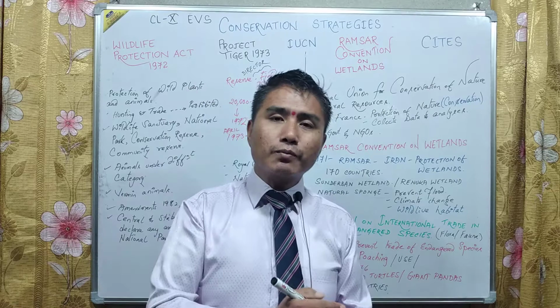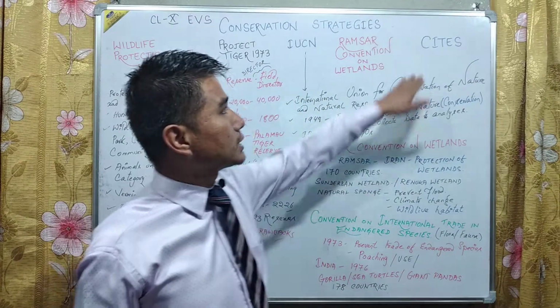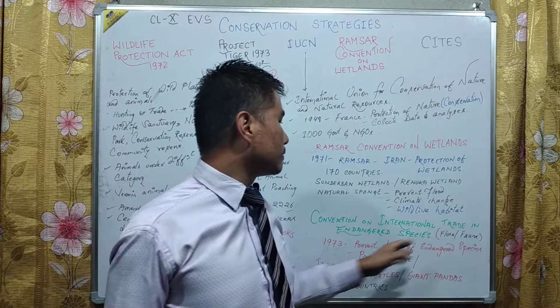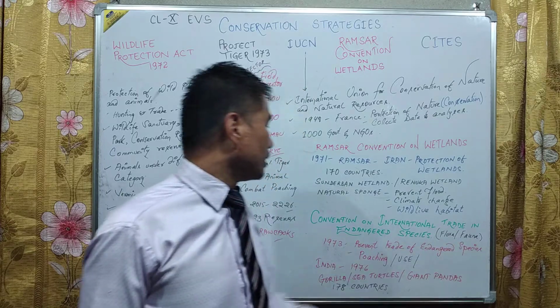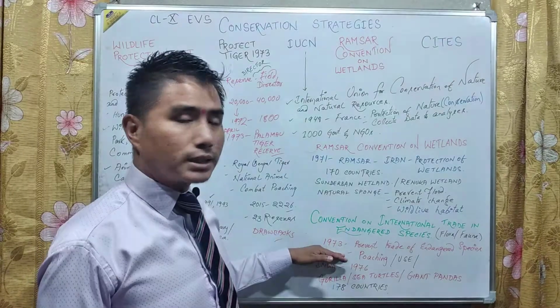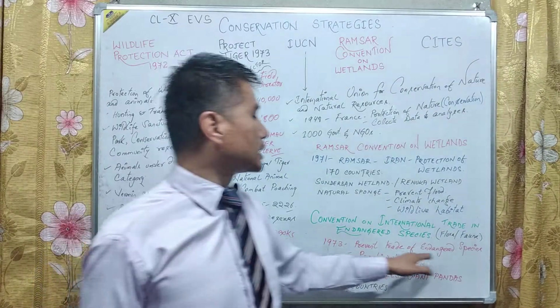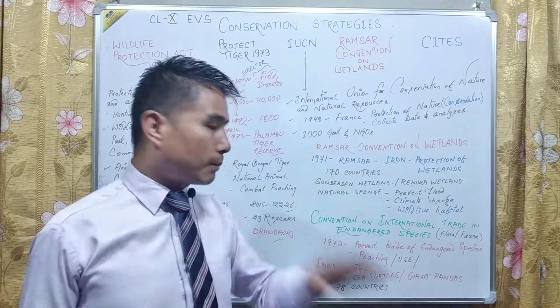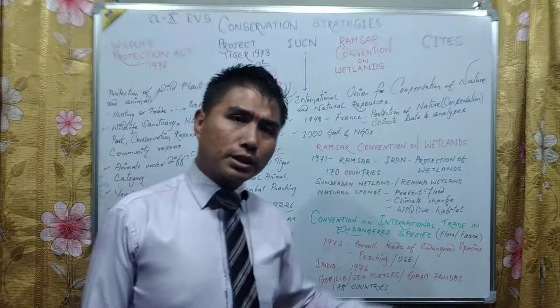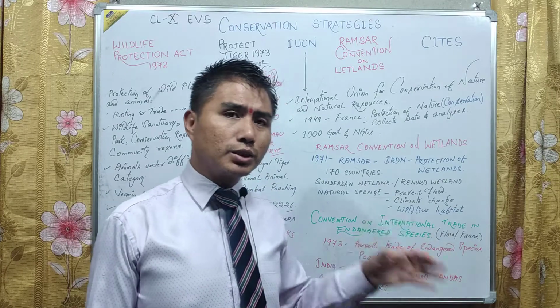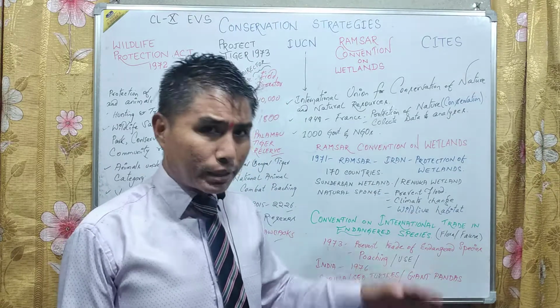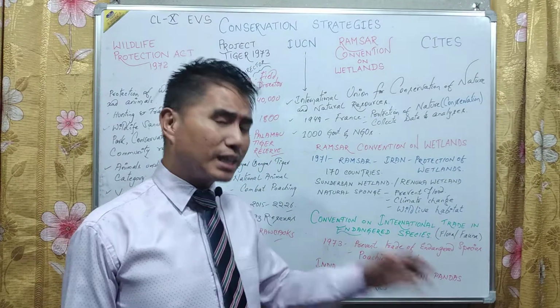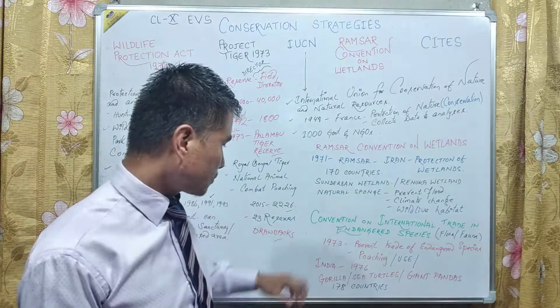Because of that, there was the convention known as CITES, Convention on International Trade of Endangered Species, for both flora and fauna. It was initiated in 1973, and it prevents the trade of endangered species, whereby commercial use, therapeutic use, medicinal use, aesthetic use, ornamental use, or poaching, hunting, killing, etc., are banned totally.